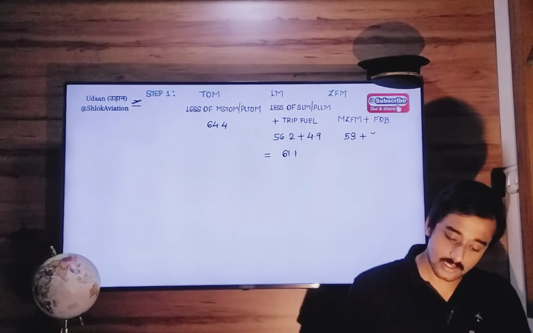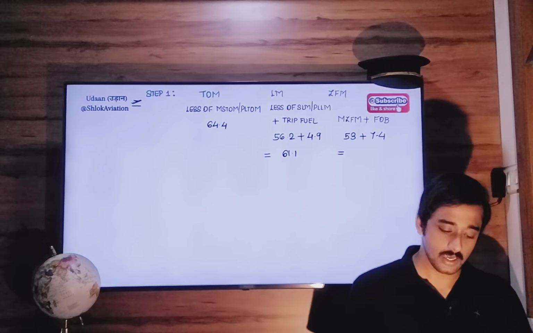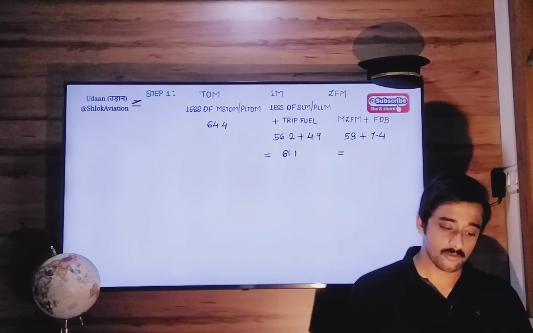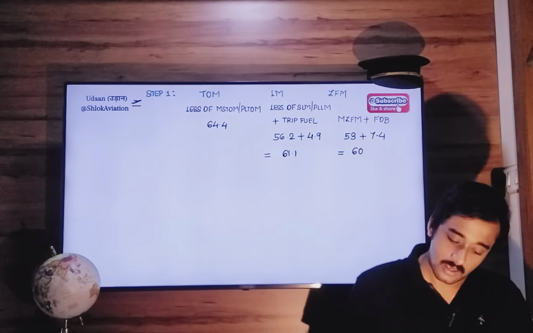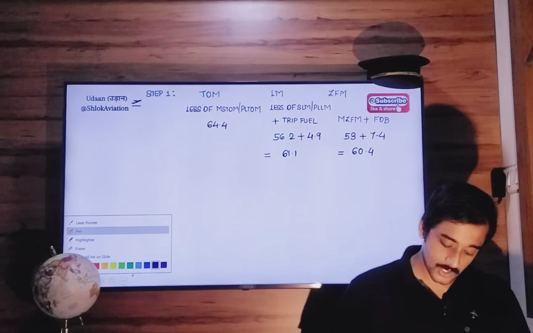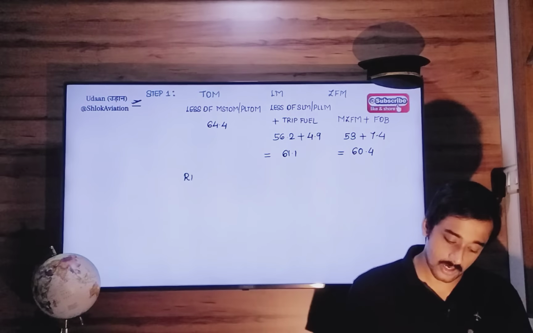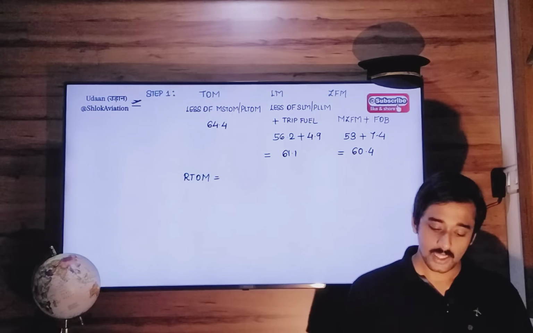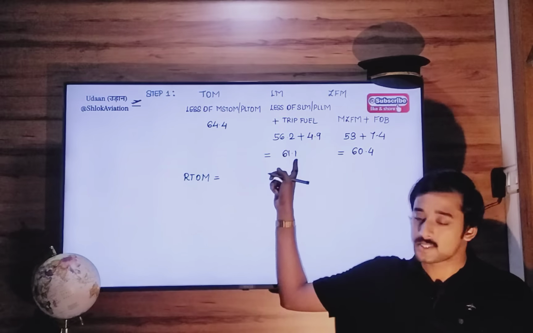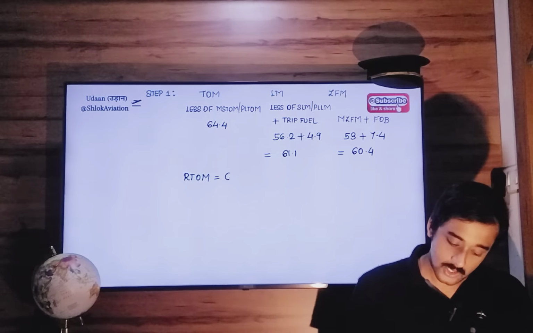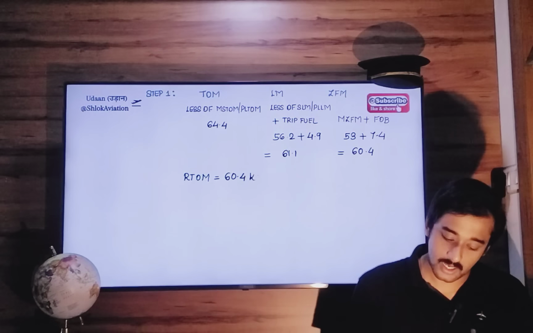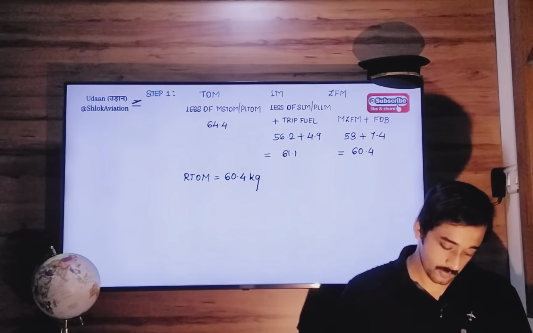So add 7.4. 53 plus 7.4 is 60.4. So now out of these three takeoff values, your regulated takeoff mass will be equal to the lowest takeoff value. Now the lowest value here is 60.4. So 60,400 kg becomes your regulated takeoff mass value.